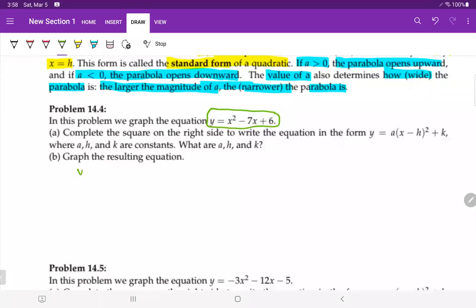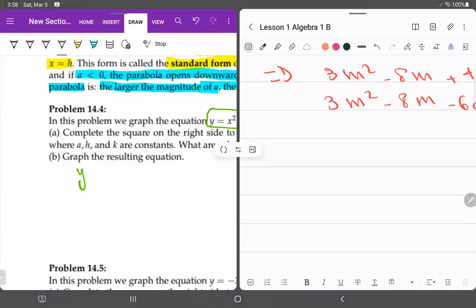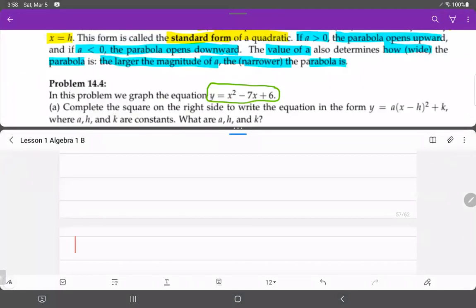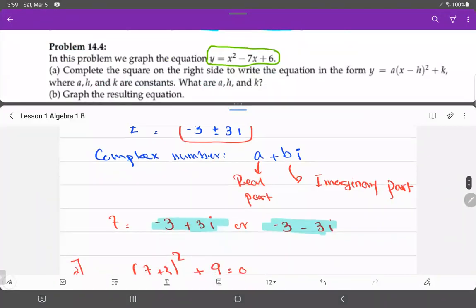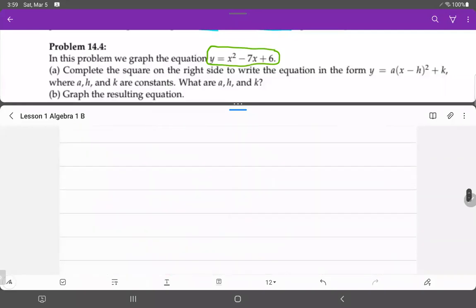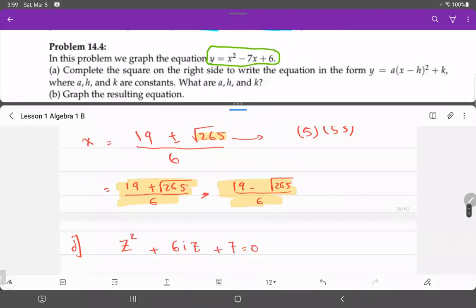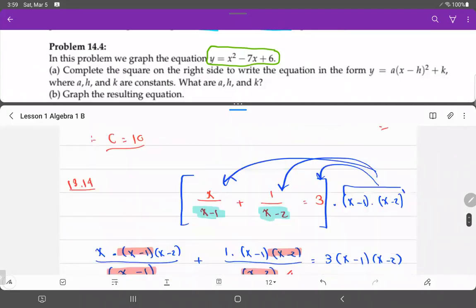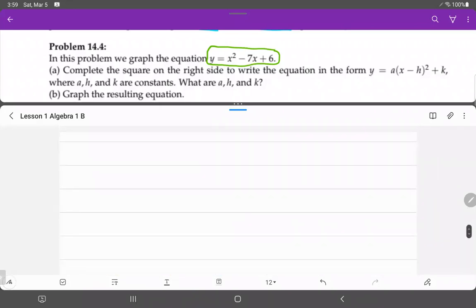We have this guy now: Y equals x squared minus 7x plus 6.